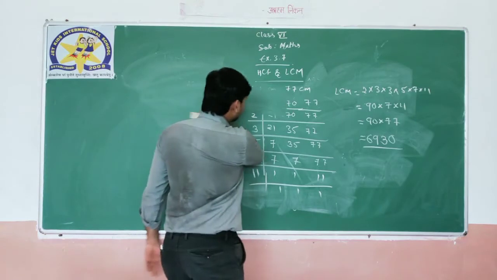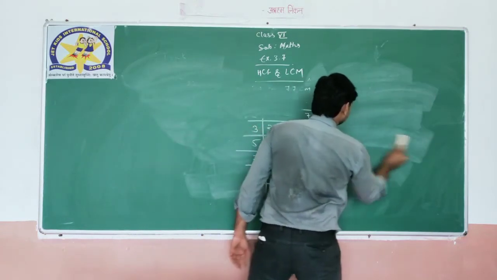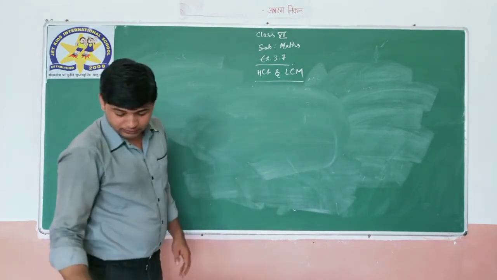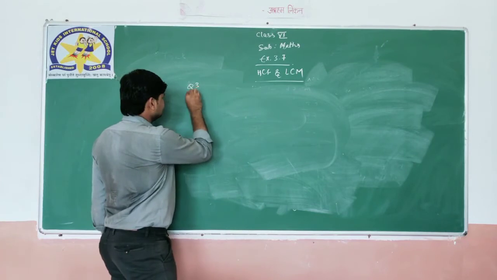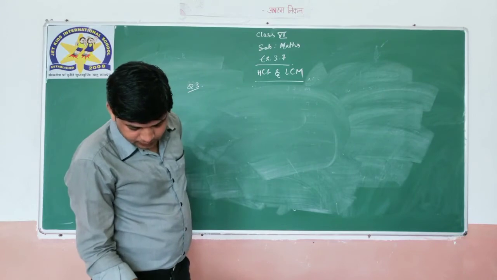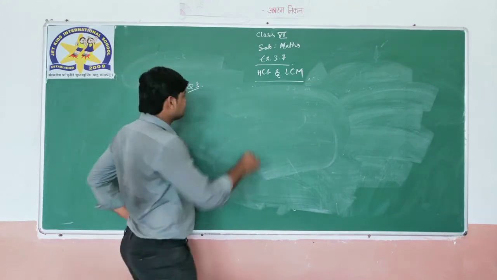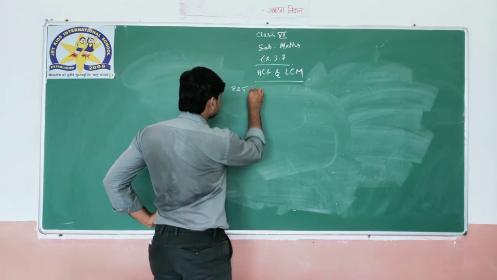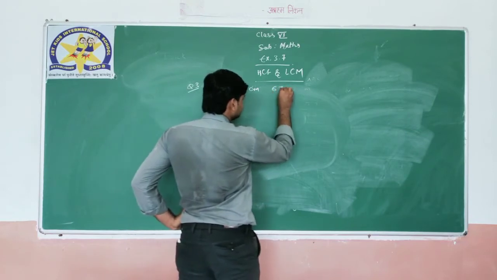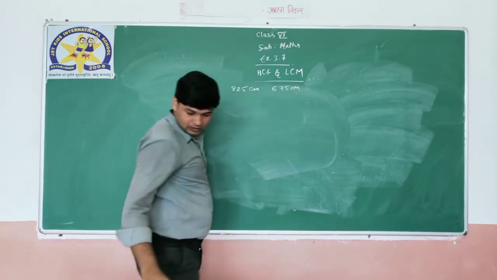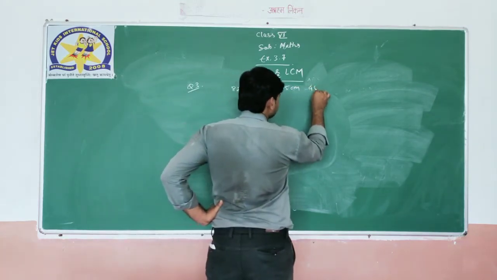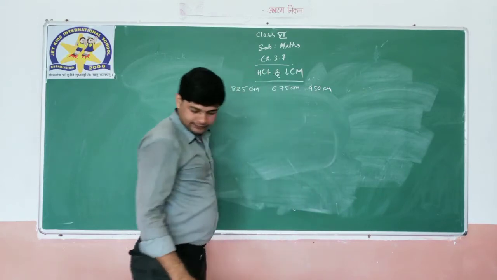Next question, that is question number 3. And the question number 3 is: the length, breadth and height of a room is 825 centimeter, 675 centimeter and 450 centimeter respectively, right?